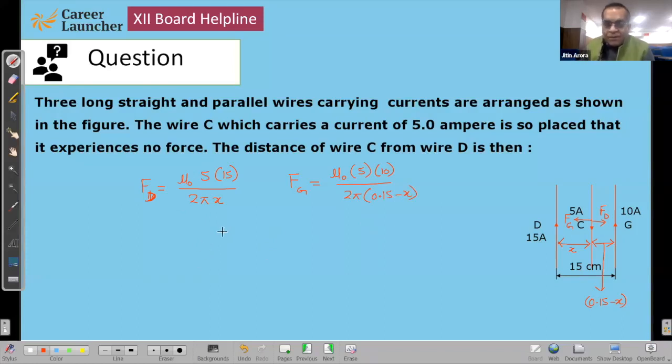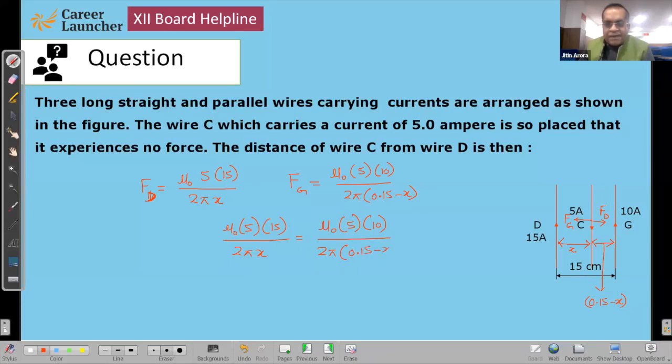Now if these two have to be equated, I get mu naught into 5 into 15 upon 2 pi X is equal to mu naught into 5 into 10 upon 2 pi (0.15 minus X).